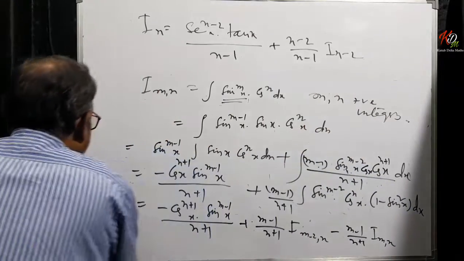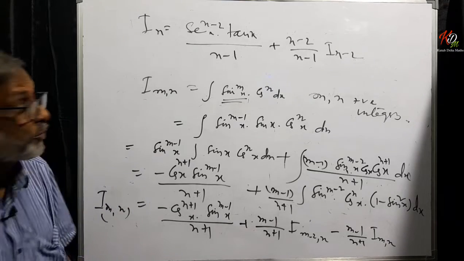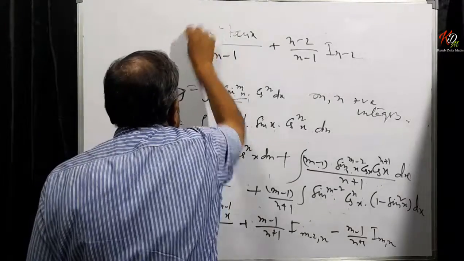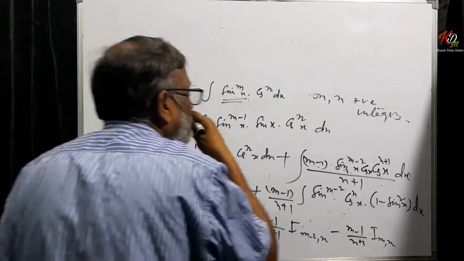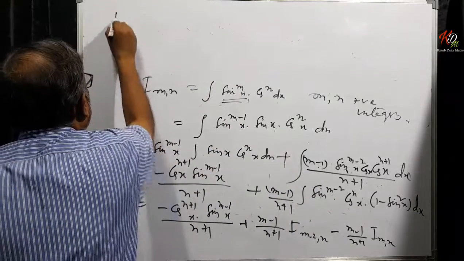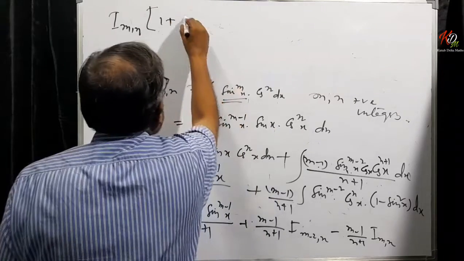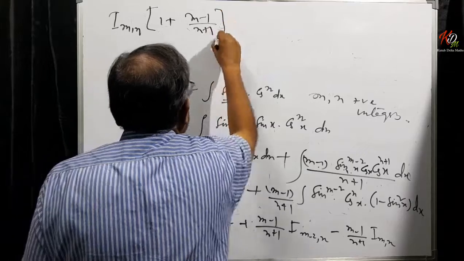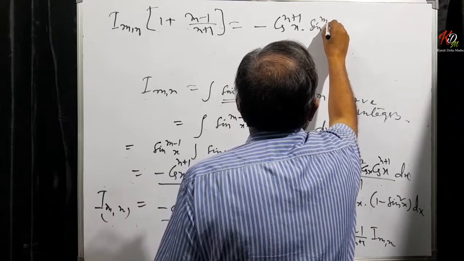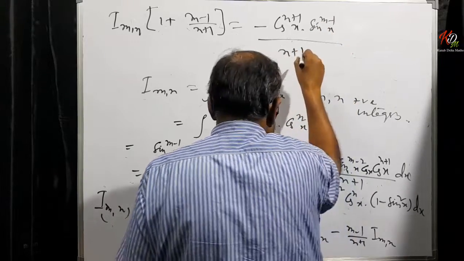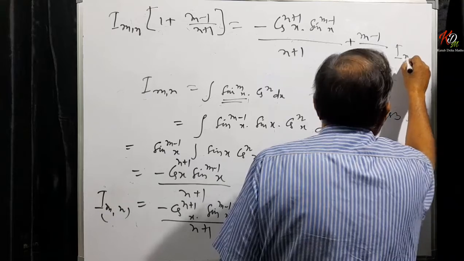Transposing this, here I m n, now transposing I m n, 1 plus m minus 1 by n plus 1 equals minus cos to the power n plus 1 x sin to the power m minus 1 x by n plus 1, plus m minus 1 by n plus 1 I m minus 2, n.